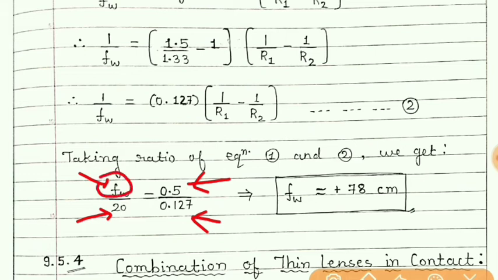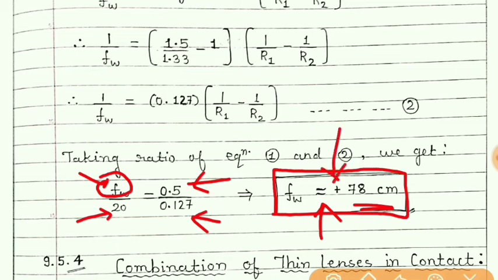Only unknown is Fw. So calculating this, you will get focal length of this lens in water to be approximately equal to 78 centimeter, and as it is a convex lens, its focal length will be positive only.